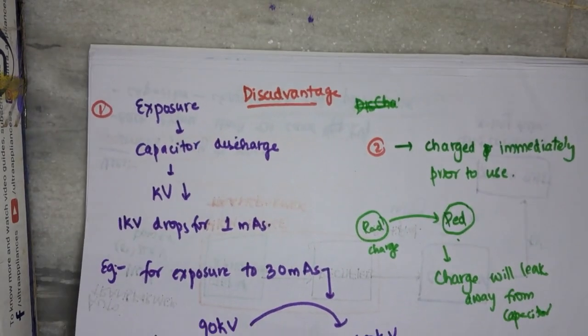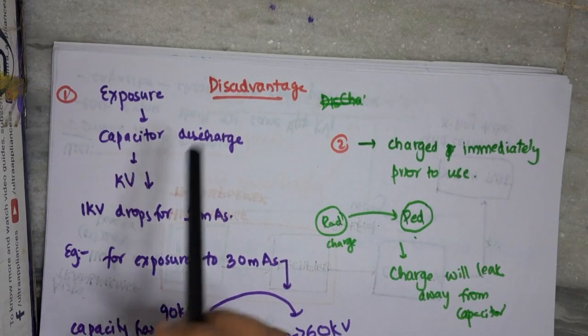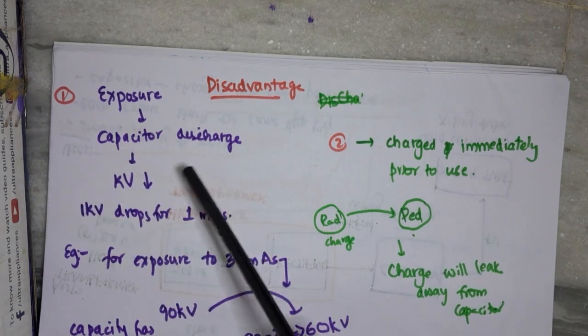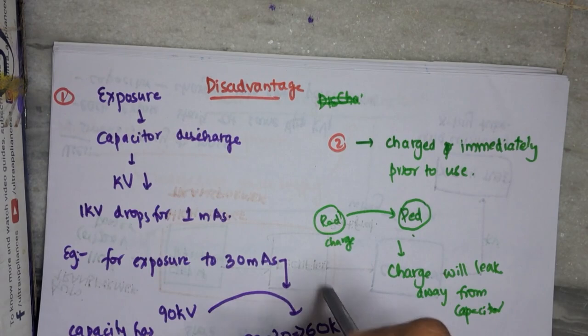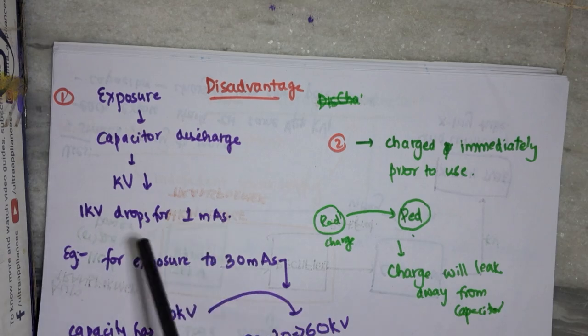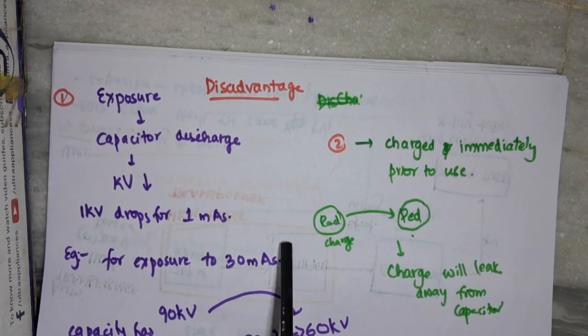The main disadvantage is that when the exposure begins, the capacitor begins to discharge. So kilovolts are given to the X-ray tube, and the kilovoltage will fall during the exposure. There will be 1 kilovolt dropped per 1 milliampere second supplied to the X-ray tube.